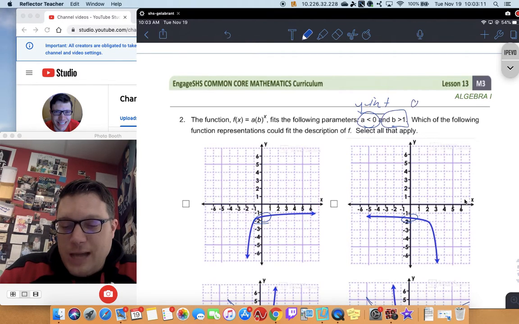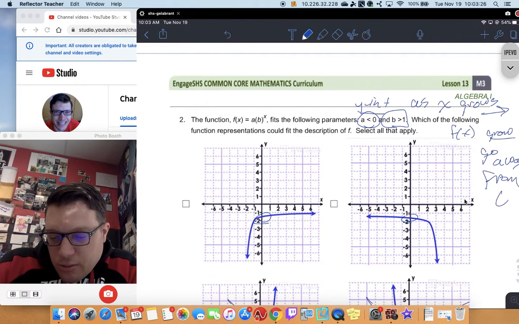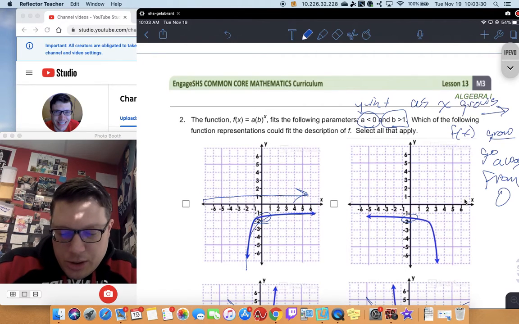What this means is as x grows, so that's to the right, the function also needs to grow or go away from 0. So as we move left to right, the function needs to go away from 0.